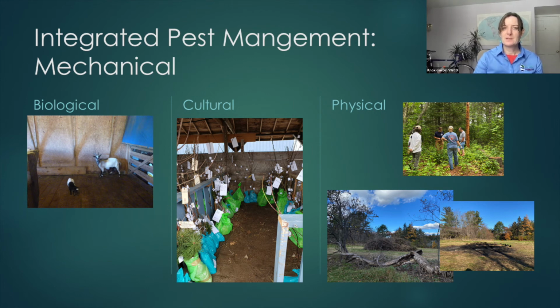The next is cultural. Here you see an image of our plant sale orders packed and ready to go for our annual fundraiser. Cultural is something I consider very integrated in how we manage, in that we're trying to beat invasives at their own game by overplanting, densely planting native plants in and amongst the native plants.